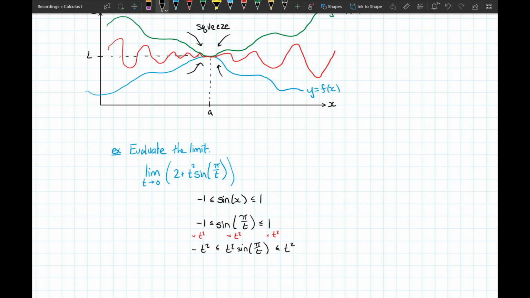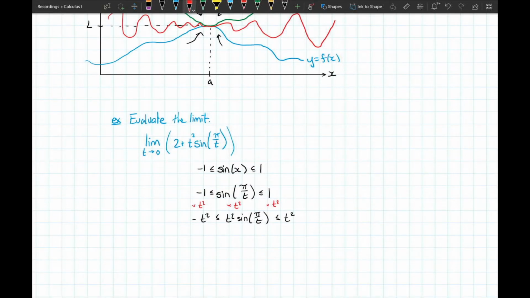Now, the goal with doing that is so that the middle function here, t squared sine pi over t, begins to look a little bit more like the function in our example. The only thing that's missing is 2, but 2 is a value that we can add to all 3 functions, and that doesn't change the direction of the inequalities.